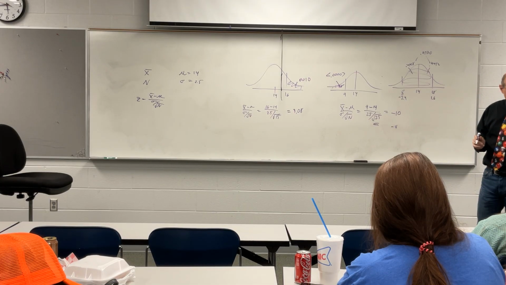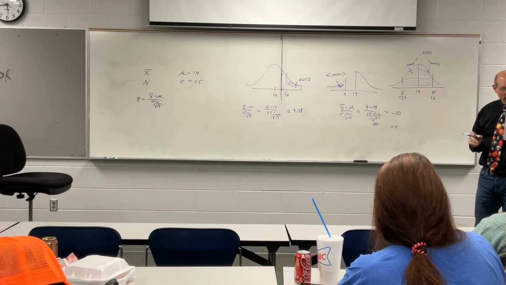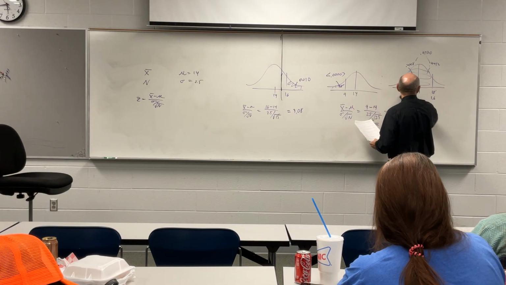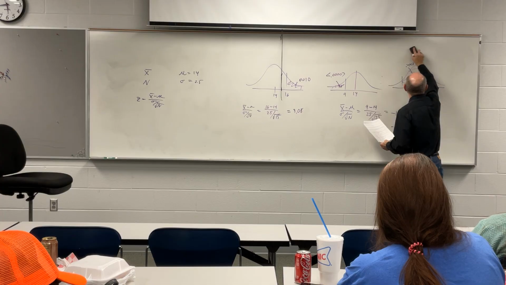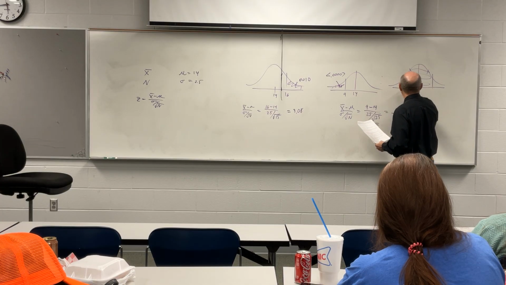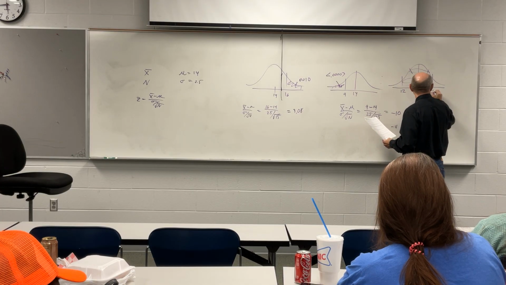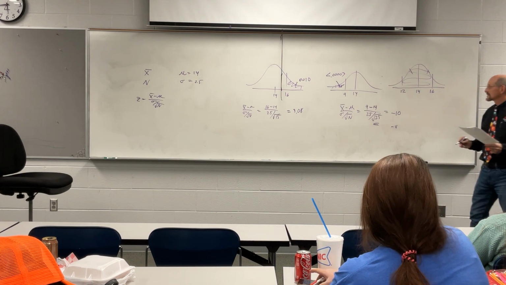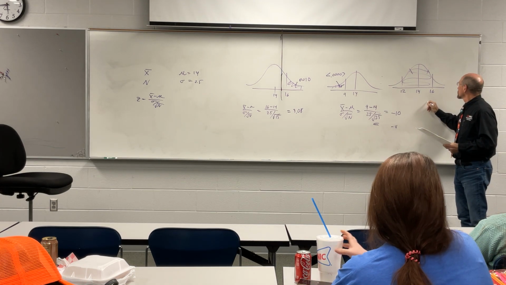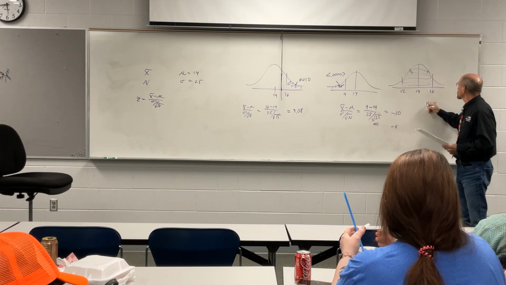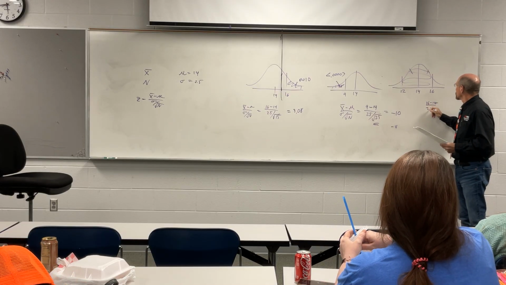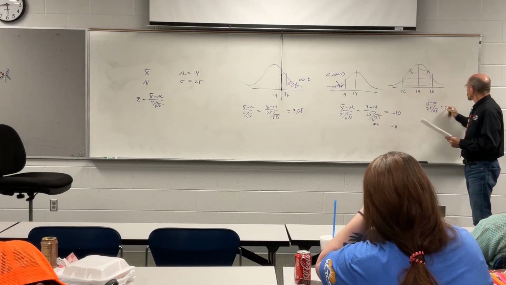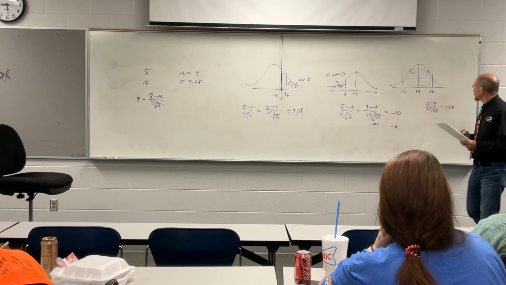And then the next one, selecting a group of 8 cells, average lifespan between 12 and 16. This one sets up relatively neatly if you notice the symmetry of it. First one would be 16 minus 14 over 2.5 divided by the square root of 8, which gives you a z-score of 2.27 within rounding.